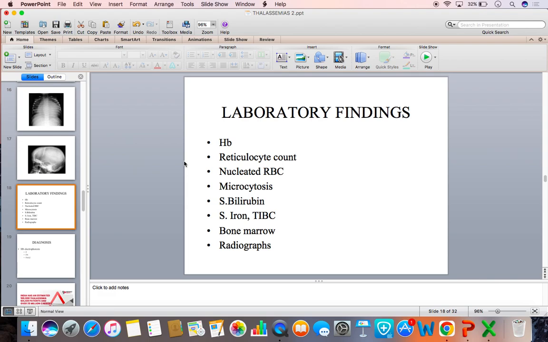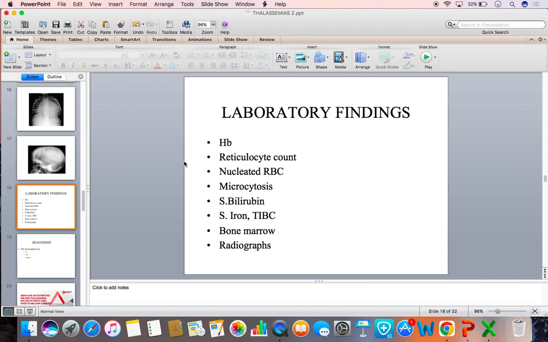The reticulocyte count will not cross more than 6 to 8%. There are nucleated RBCs with macrocytosis. There is elevated serum bilirubin. Serum iron is increased. Total iron binding capacity is low.